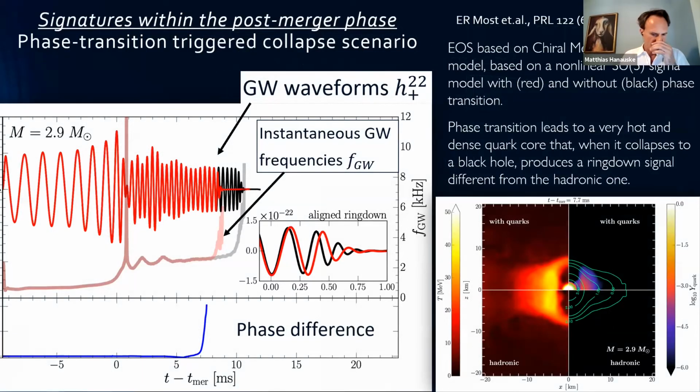So the phase transition triggered collapse scenario: here you see the emitted gravitational waves, red with a phase transition, black without a phase transition.